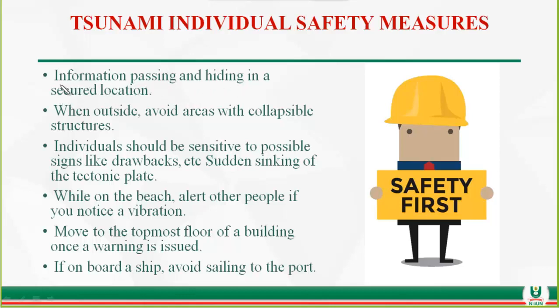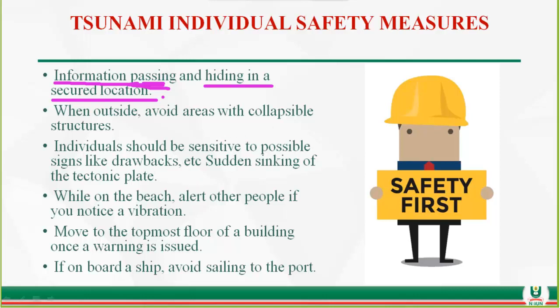Once an individual is in a tsunami location, the person has to try as much as possible to inform others, pass on the information that a tsunami is happening, and then move into hiding in a secured location, especially in an area of the house where there are no heavy substances that can fall on you or be very threatening once they fall.